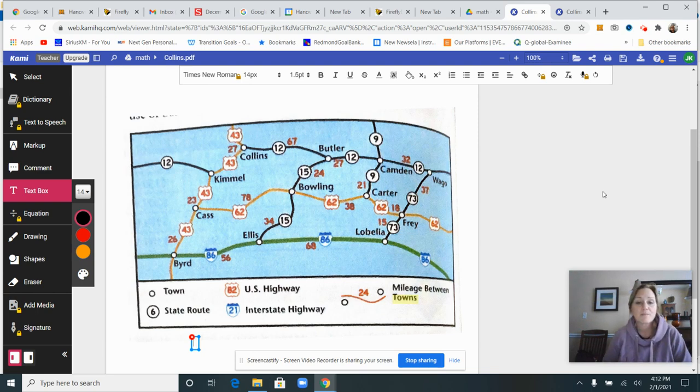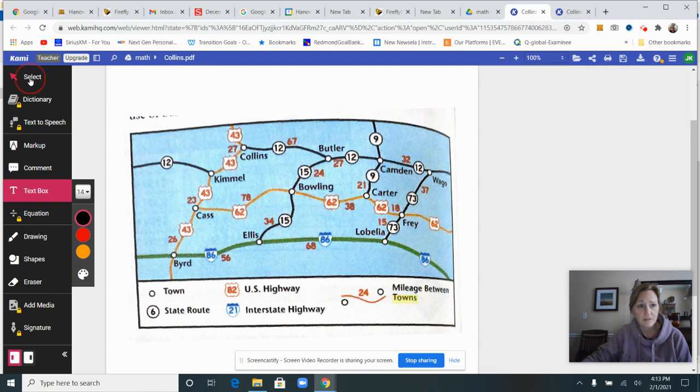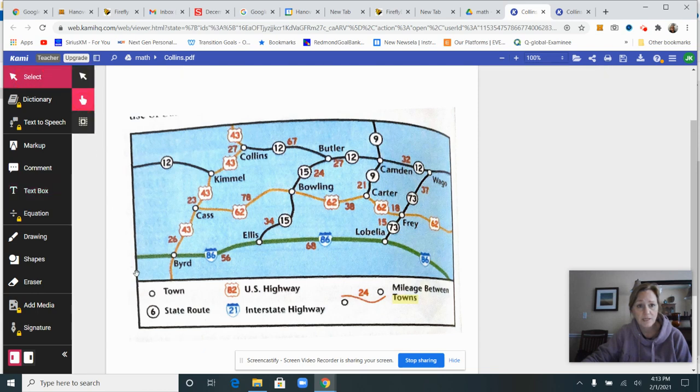So if you take a look at this map in front of you, you notice that it has white circles, red numbers, other diagrams with blue on it. Let's go through the different symbols that it has to begin with. The first thing we're going to take a look at are the symbols.